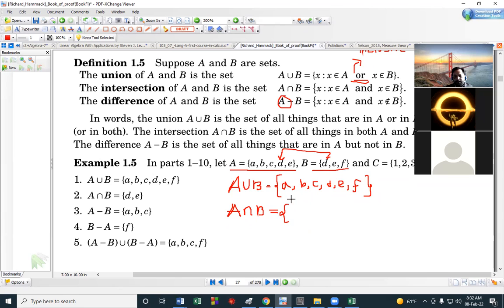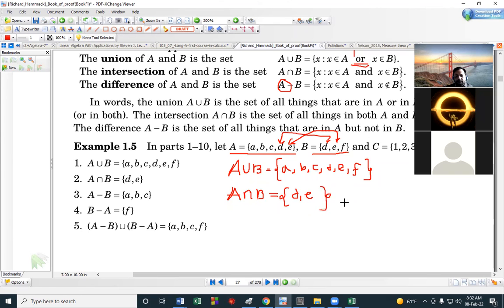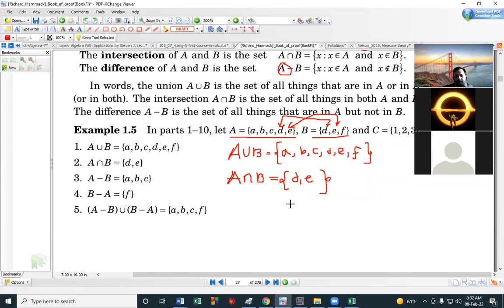They are not in the set B. So they don't go in A intersection B. D is one common element which is present in both these sets, and E is another element which is common, which is present in both these sets. So D and E are the elements of A intersection B. And F is in B, it is not in A, so it doesn't go there either. So this is A intersection B.